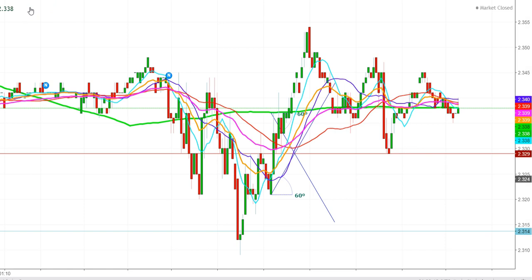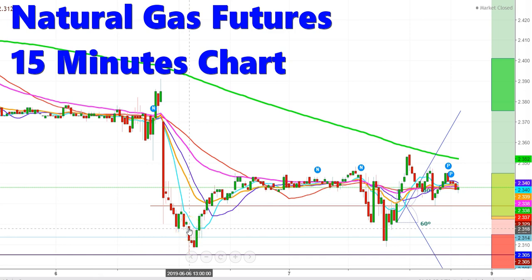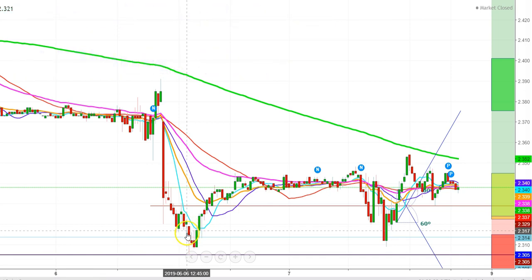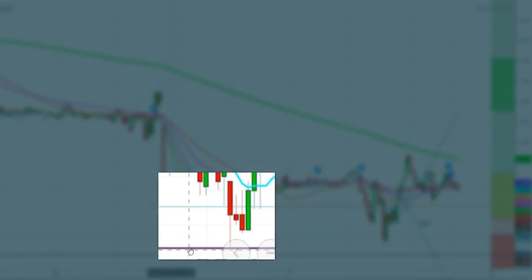Let us see this move in a 15-minute chart. Here you can see that natural gas futures first touched the bottom on June 6, 2019, at the level of $2.305, after which they moved upward.